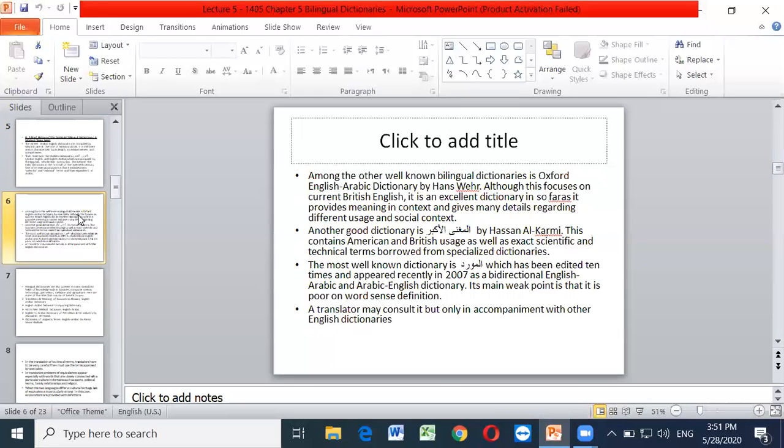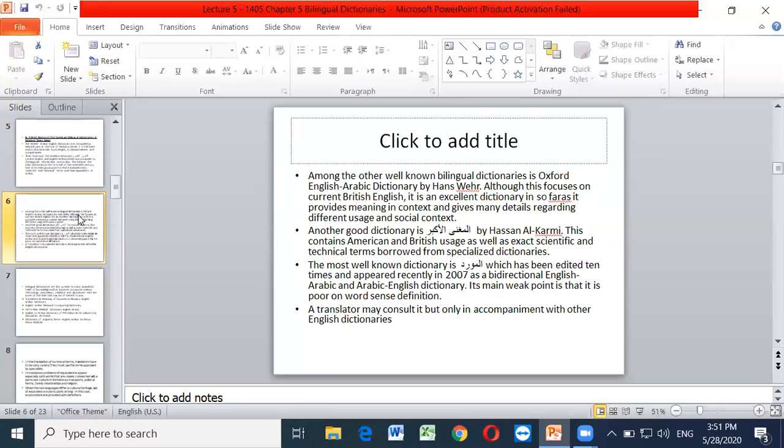However, it has one main weak point, and that is that it is poor on word sense definition. It does not give sense definition, does not give the context in which the word is used. So it gives a series of options for translation without giving a sense definition of each option.